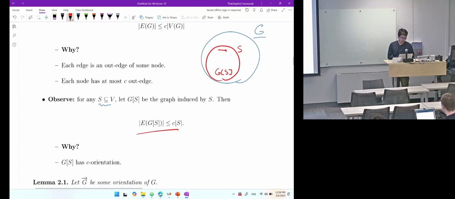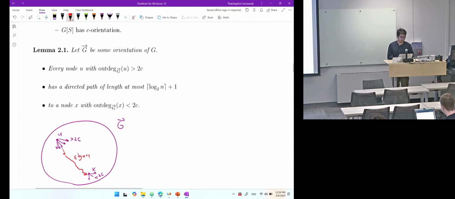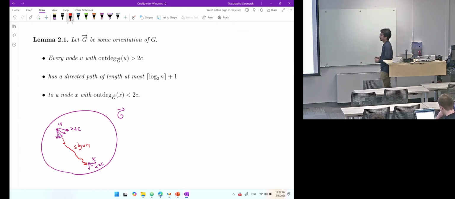Good. So now comes something more non-trivial. Still think of G. G still has C orientation. Now I look at some orientation of G, call it G arrow. This G arrow might be a bad orientation, might not be a C orientation, might have some node with large out degree.